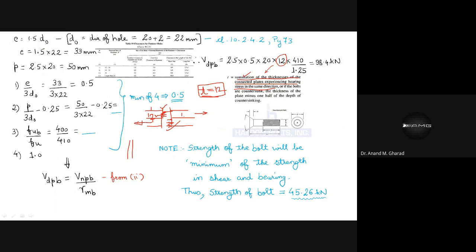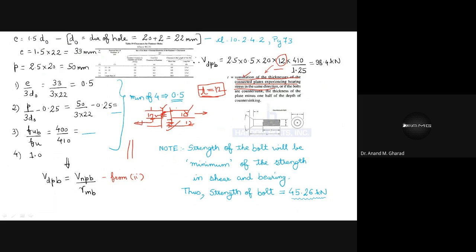If this thickness was 10 mm and the thickness of the other plate was 12 mm, in that case you would have considered the 10 mm thickness in this formula. Okay, so whatever is the minimum value of the thickness, that is to be considered.